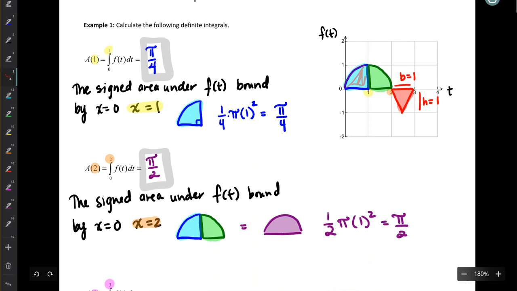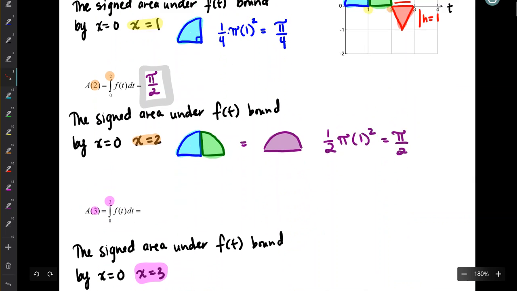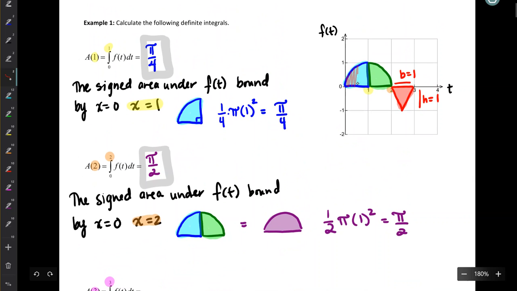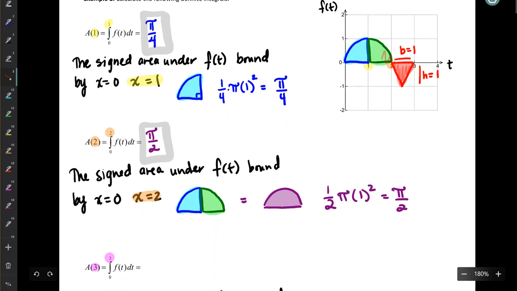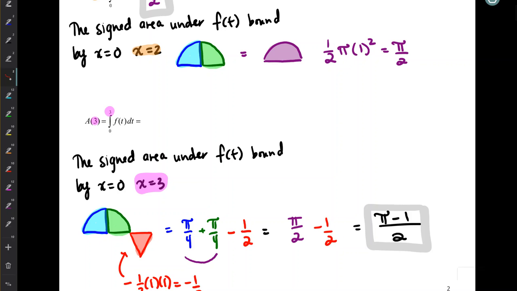Then we found the area under the curve from 0 to 2, that's the blue plus the green, which I wrote as a purple. And then A of 3, we're finding the area under the curve as x goes from 0 all the way up to 3. We were subtracting the area of that triangle because we are below the x-axis, that signed area is negative. This area so far function is something that we're going to be looking at in the next video on the Fundamental Theorem of Calculus Part 1.